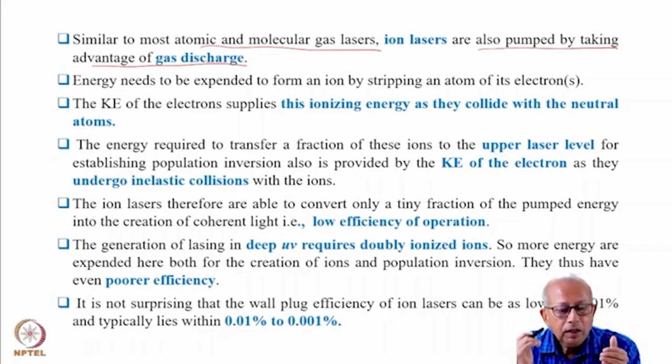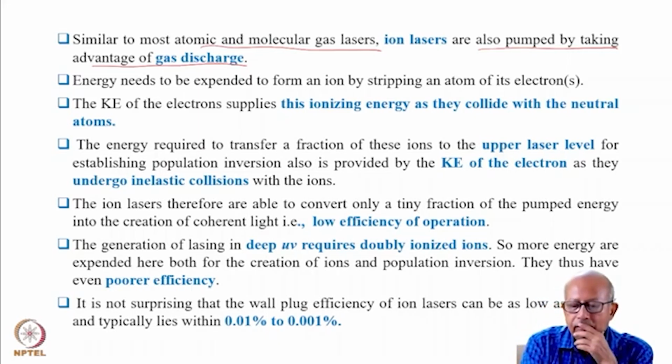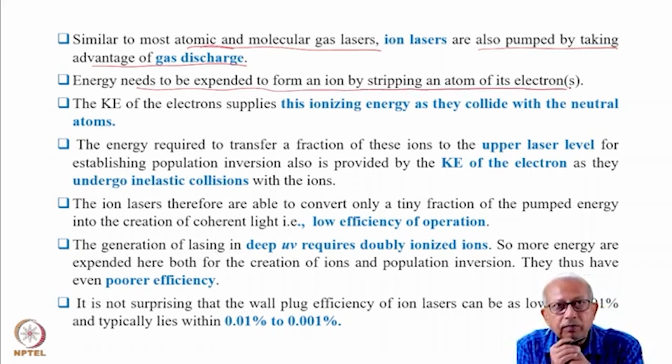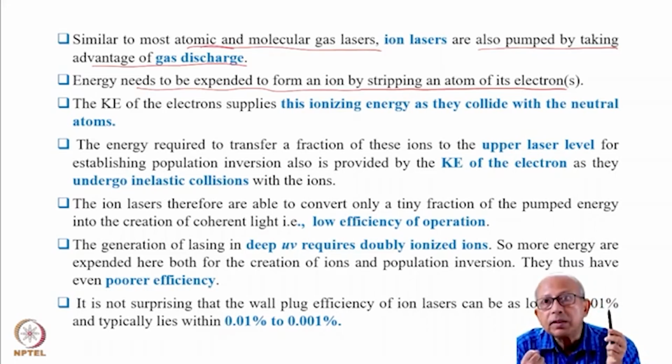However, unlike the atomic gas lasers, energy needs to be expended to form an ion by stripping an atom of its electron. You have to spend more energy here to create your active species, that is, light emitting species, which are not neutral atoms anymore.